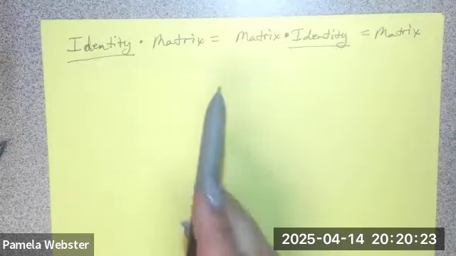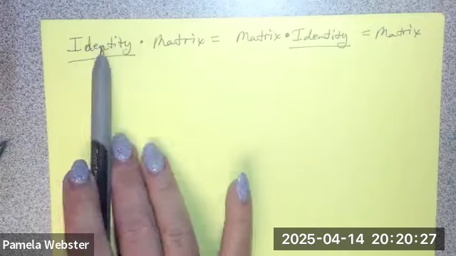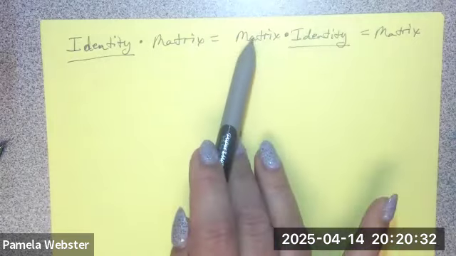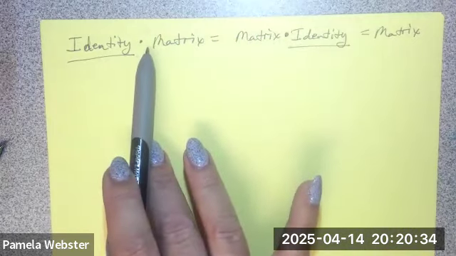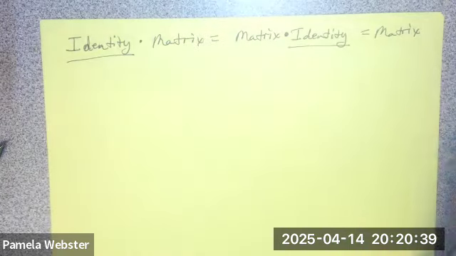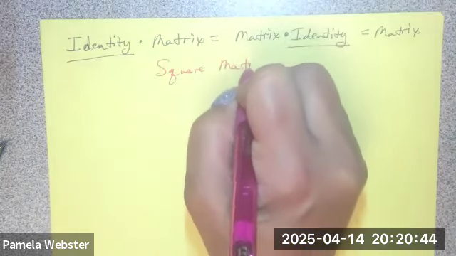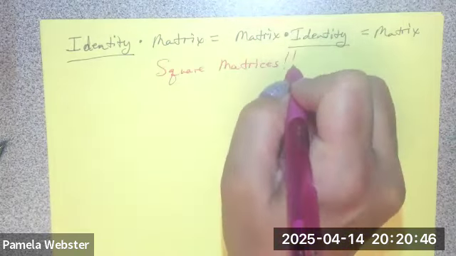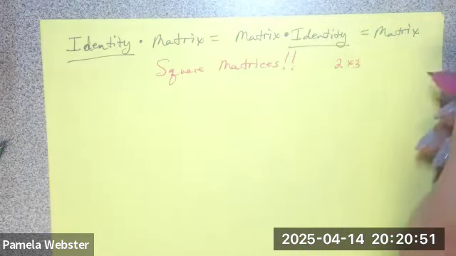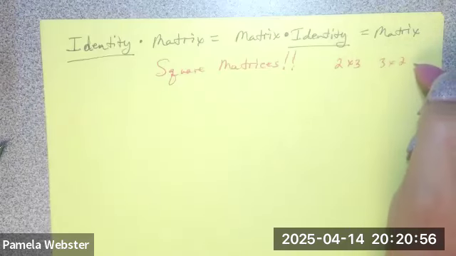And notice that, by the way, I'm flipping this. I can do it either way I want to, identity times matrix, or I can do matrix times identity. What that means is the order is not going to matter here. And the reason I can do it is because these are going to be square matrices. Remember when we did multiplication the other day? If I had a 2 by 3 and I wanted to multiply it by a 3 by 2, that was fine.